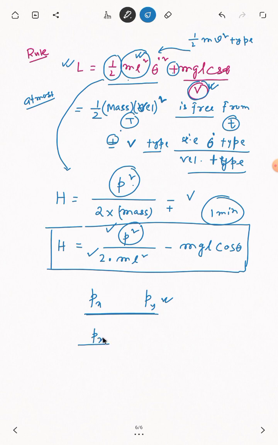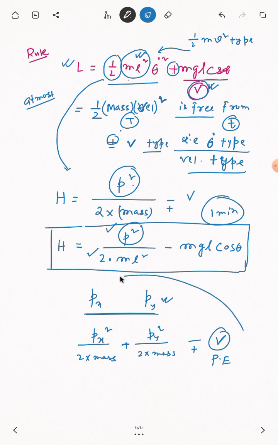That means px square by 2 into mass plus py square by 2 into mass, minus plus V, the potential energy. That will be the rule.